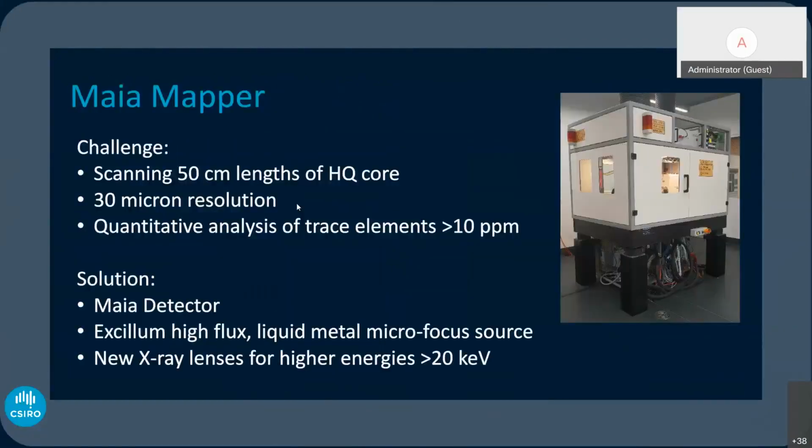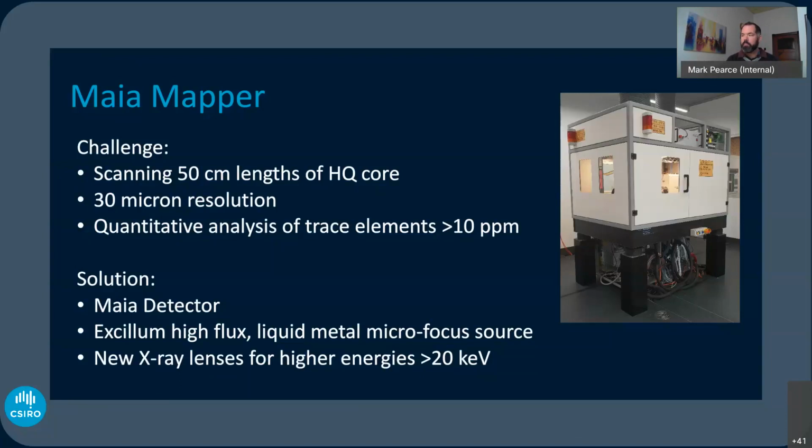So we developed a micro XRF, X-ray fluorescence instrument that does exactly that. The challenge set to our team was scanning 50 centimeter lengths of HQ core with 30 micron resolution. This links us to techniques like laser ablation and SIMS, with quantitative analysis of trace elements down at a few tens of ppm level. The solution includes a Maia detector, an array X-ray detector originally developed by CSIRO and Brookhaven National Lab in the US for synchrotron experiments.